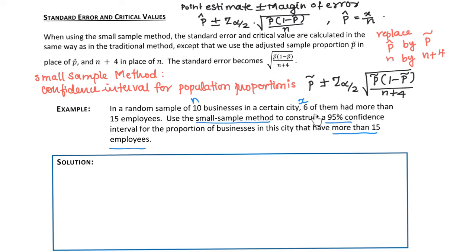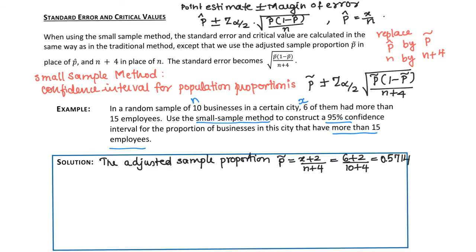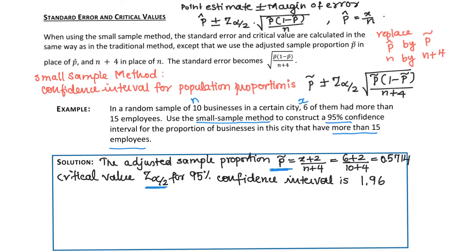So the adjusted sample proportion will be as shown, and the critical value z alpha over 2 is equal to 1.96 at the 95% confidence level. Now we can substitute these values into the formula to find the confidence interval.